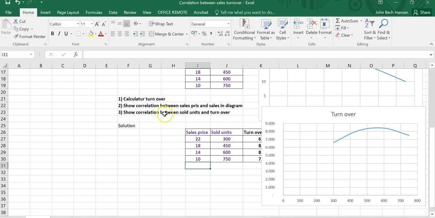Now, this was only a short presentation about one of the main things in business: the correlation between the sales price you pick in the specific market you are in, how your customers will react, and what result that will give on your turnover.